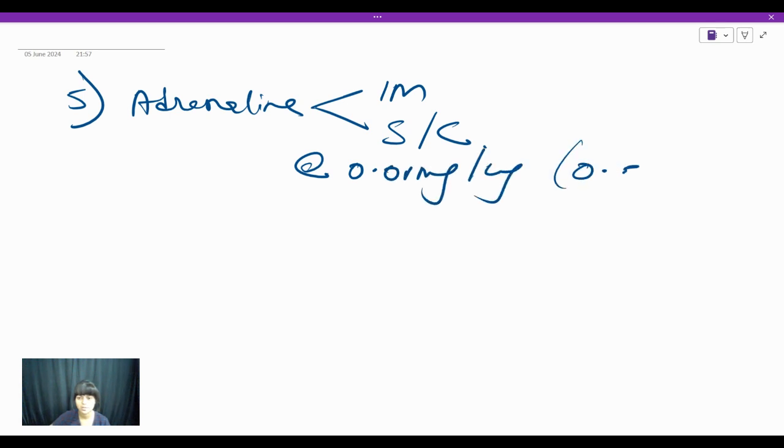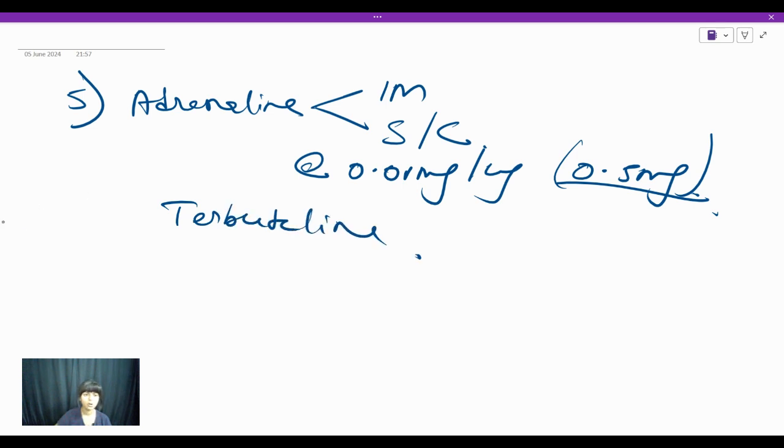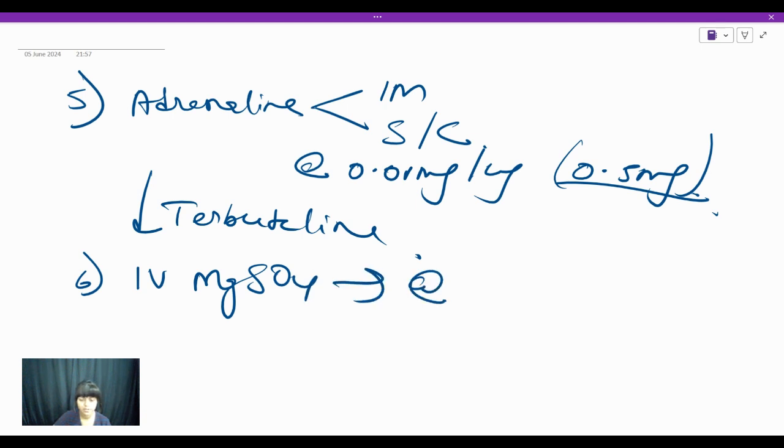The maximum dose can be 0.5 milligram, right? Or you can also give IV terbutaline, okay. So still the child is not responding, you may add IV magnesium sulfate, given at the dose of 50 milligram per kg per day IV.